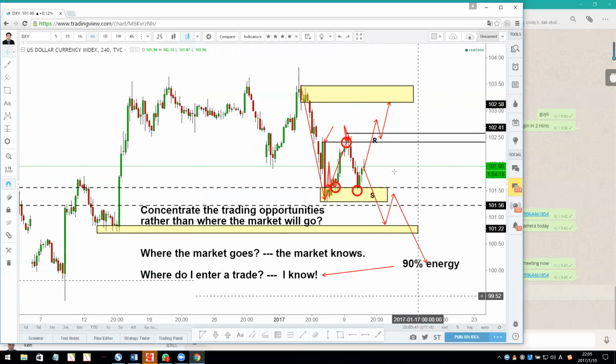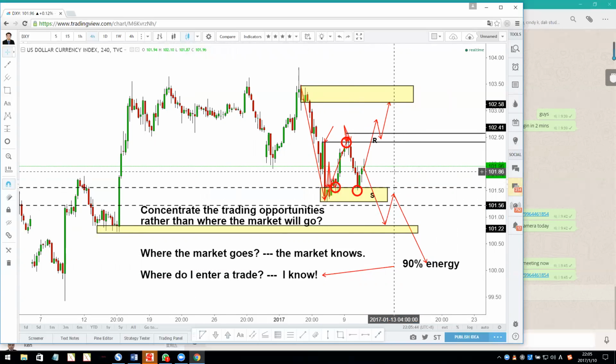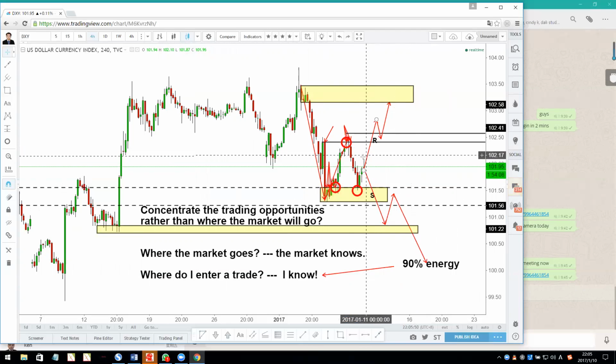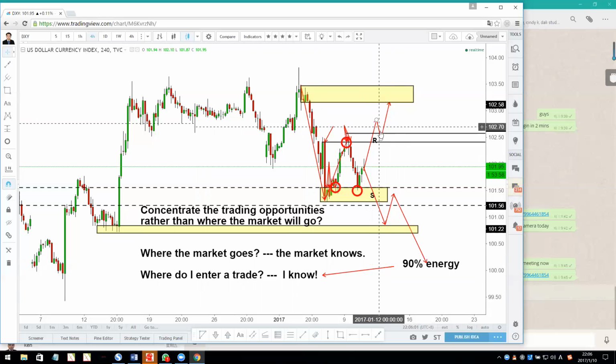Don't guess, because the market is so chaotic. You guess there's a 90% possibility it goes up, 10% it goes down. If the US data is good, it may go up, then pull back a little, then rally again, and then maybe you go to 104.